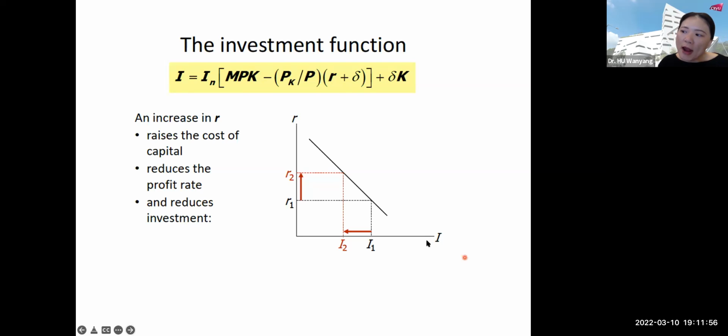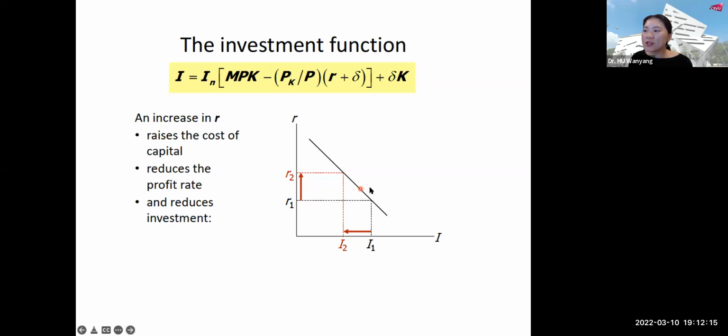So on the graph, we map the relationship between real interest rate and the investment. Let's say we have an increase in the real interest rate.